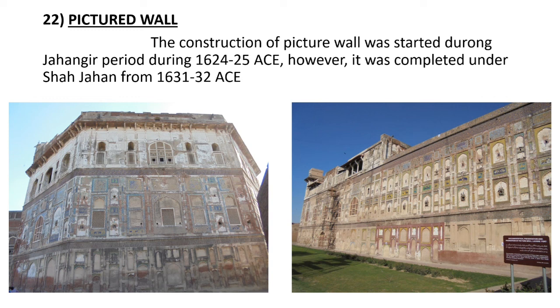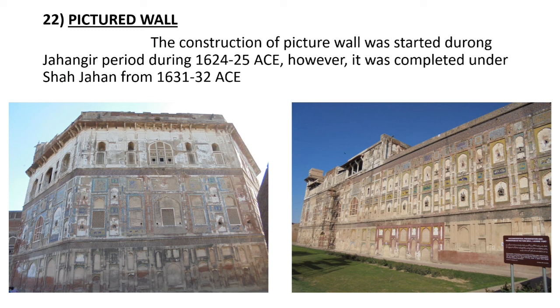So the Picture Wall on the right side and the left side photographs clearly show us that through glazed tile mosaic ornamentation, different scenes or portraits have been provided as mural work.